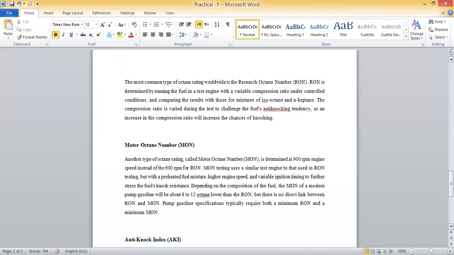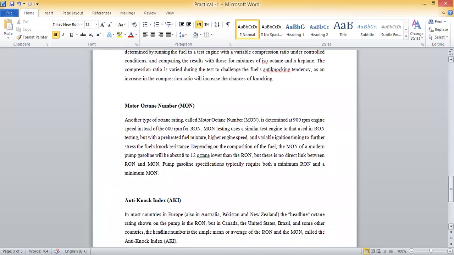The second one is motor octane number. It is determined at 900 RPM engine speed instead of the 600 RPM used for RON. Motor octane number testing uses a similar test engine to that used in RON testing, but with a preheated fuel mixture, higher engine speed, and variable ignition timing to further stress the fuel's knock resistance.